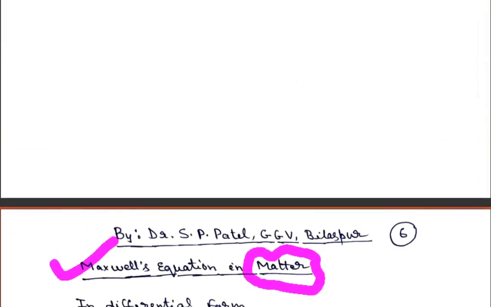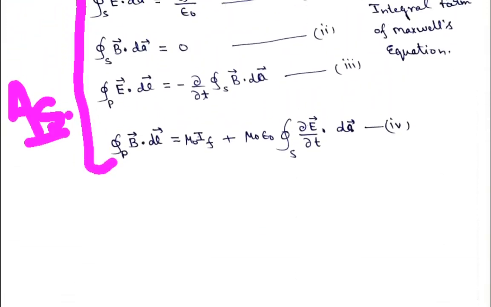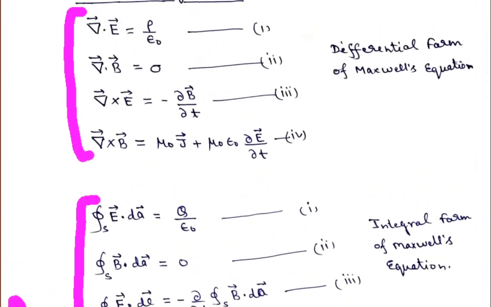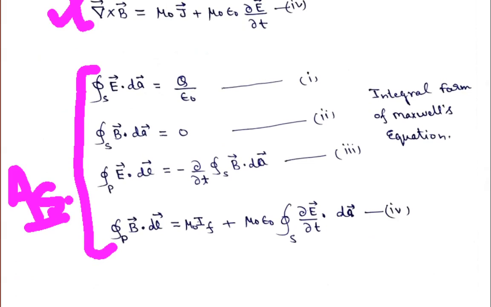Now if you go back to the Maxwell equation, I remember one thing more to tell. This equation, that is Ampere's law in magnetostatics, and if you see clearly the integral form of the Maxwell equation, that is the line integral of B dot dl is equal to mu 0 I f plus mu 0 epsilon 0 times the surface integral of del E upon del t dot dA.